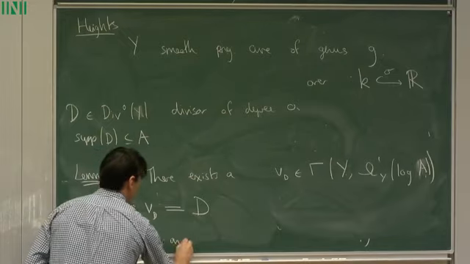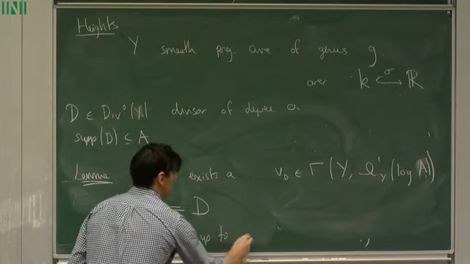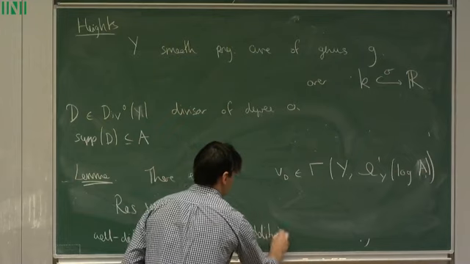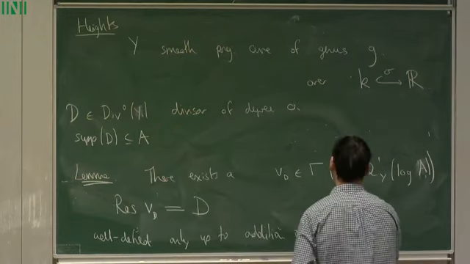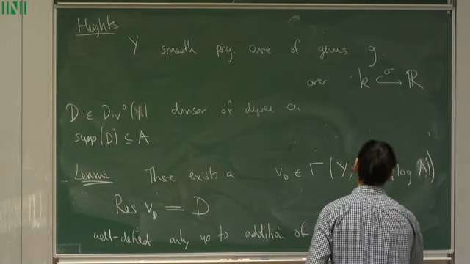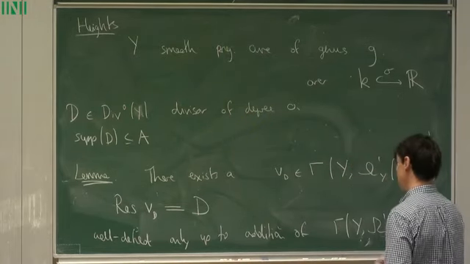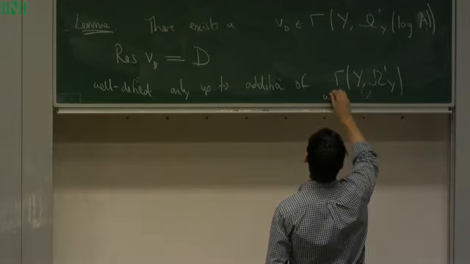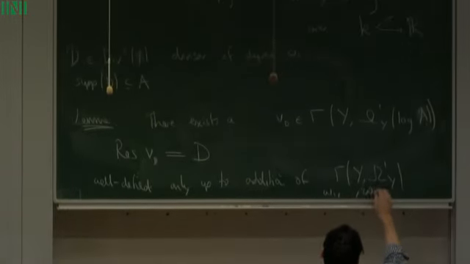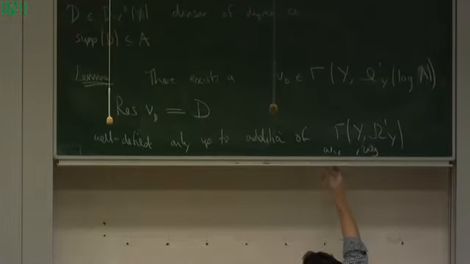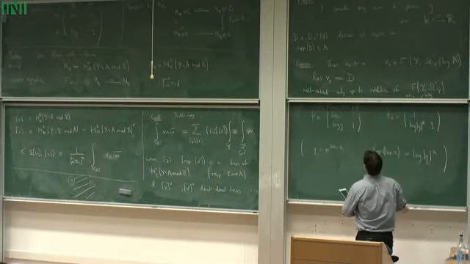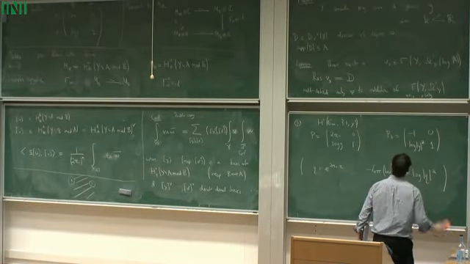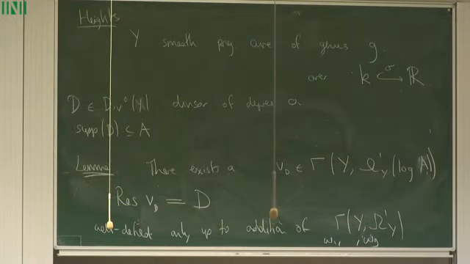It is well defined only up to addition of a holomorphic form, and these are the holomorphic differentials, which I'll name omega 1 up to omega g. So given a divisor D, you can always find a differential form of the third kind whose residue exactly lines up with that divisor, but that construction is not well defined.